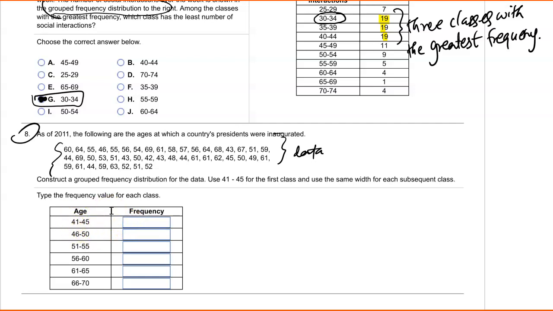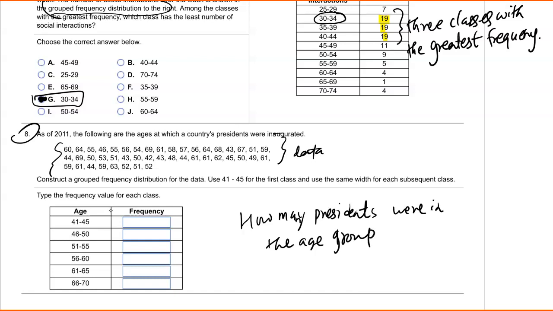The question is how many presidents were in the age group 40 to 45 inclusive.